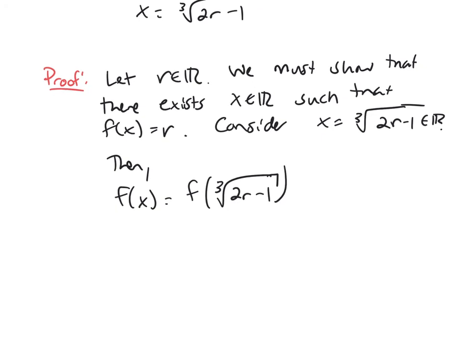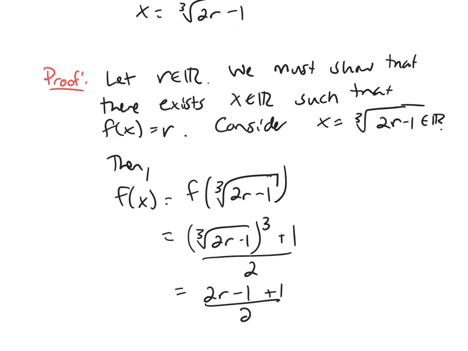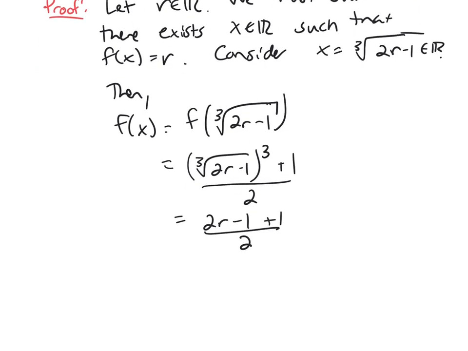So we get ((cube root of 2R minus 1) cubed plus 1) over 2. That'll be (2R minus 1 plus 1) over 2, which will be equal to R.